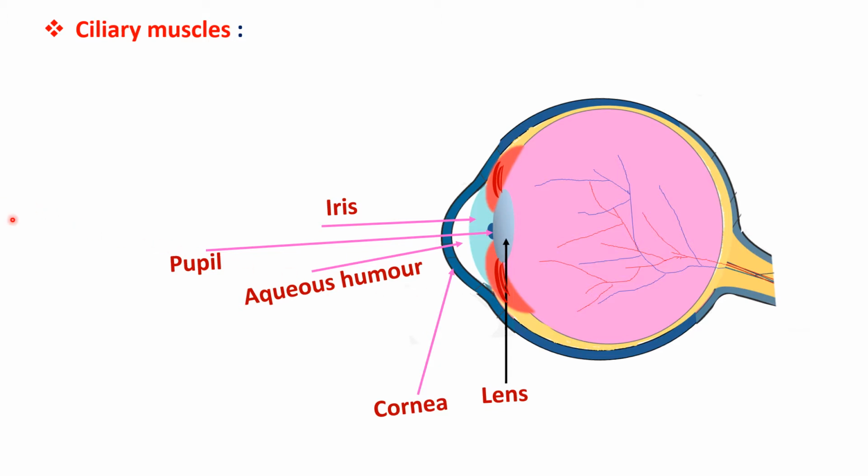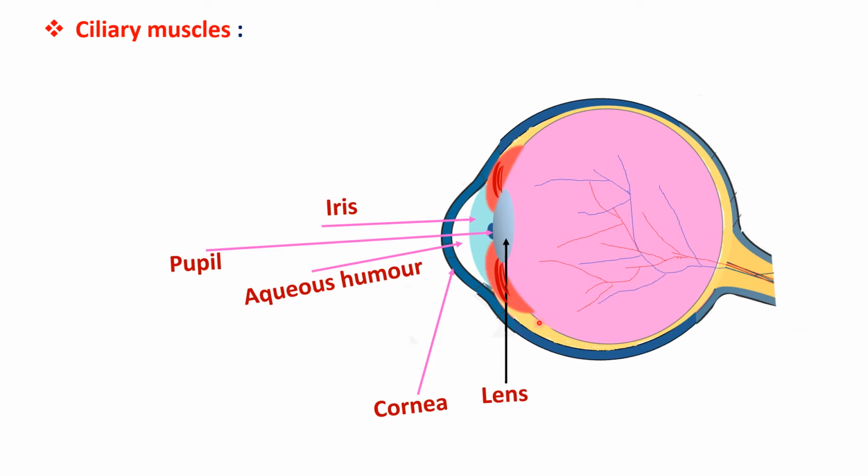When viewing the distant objects, the ciliary muscles get relaxed and the lens will become larger, so that the focal length becomes larger and maximum. Okay, that means when viewing objects which are farther, the ciliary muscles relax.